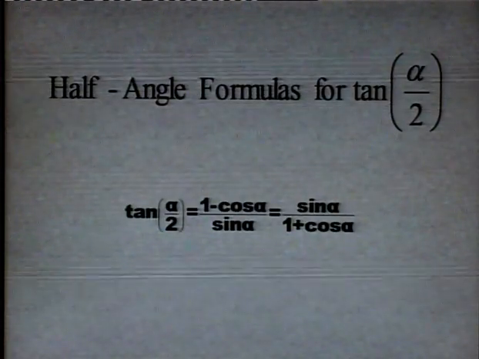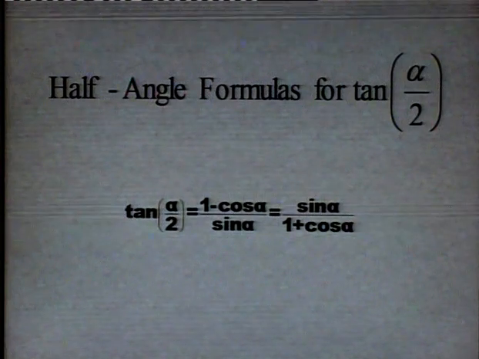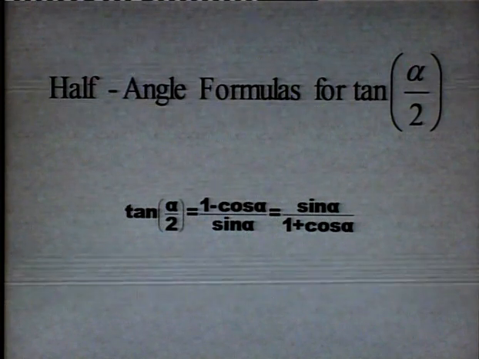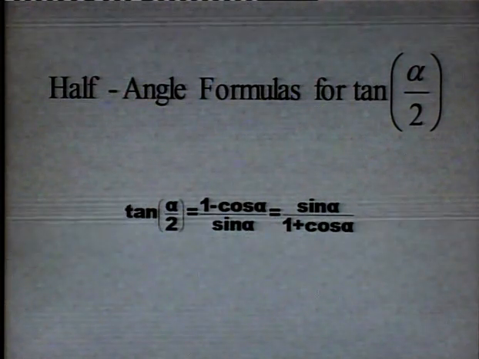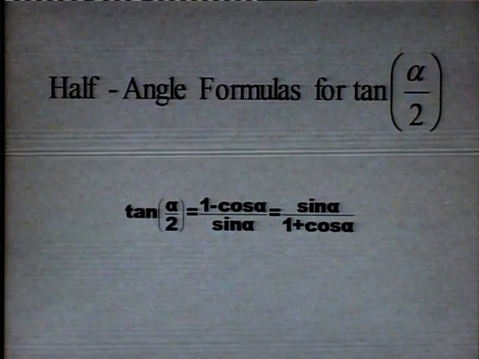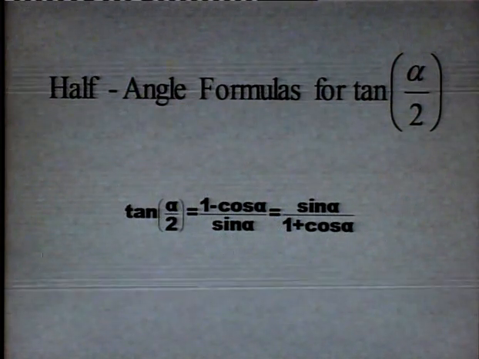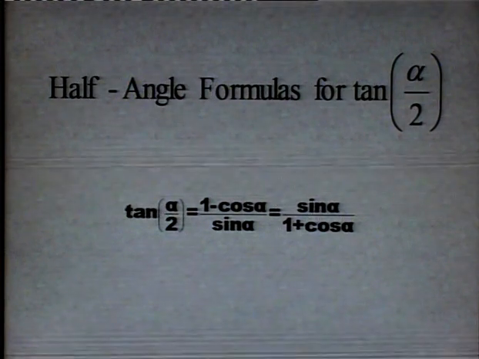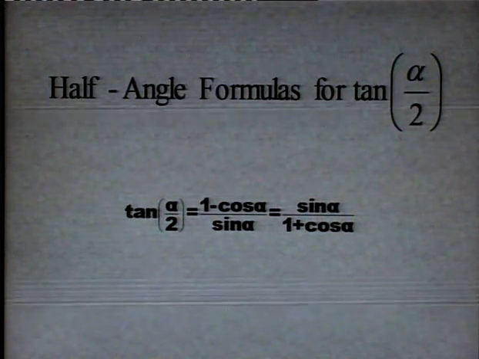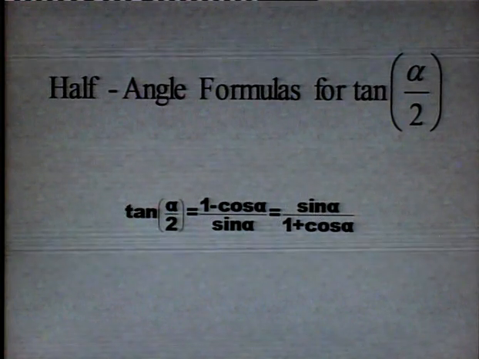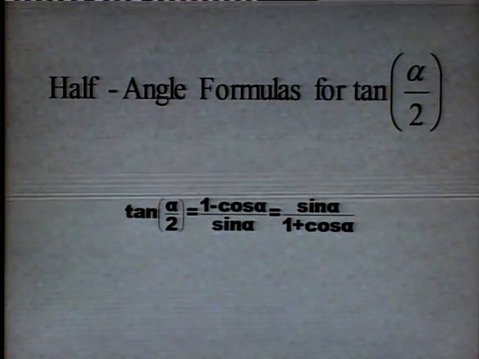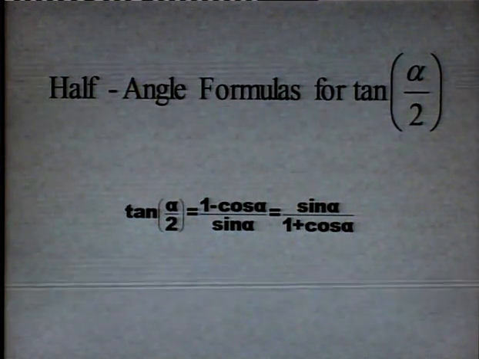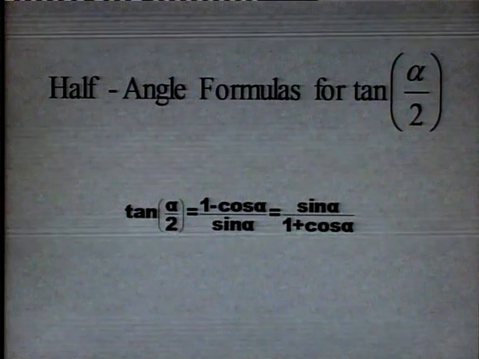So tan alpha by 2 you can write in terms of sin alpha and in terms of cos alpha. So these are the half angle formulas for tan alpha by 2, because one I have already derived, and 1 minus cos alpha, you write down the value of cos alpha now, that is 2 cos square alpha by 2 minus 1, and just simplify, you will get sin alpha upon 1 plus cos alpha.